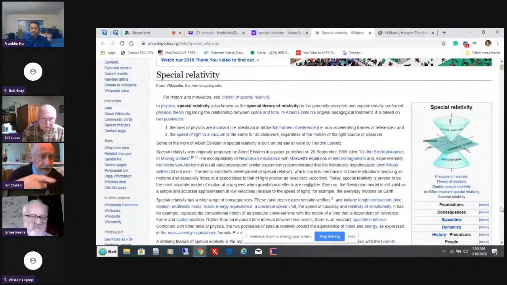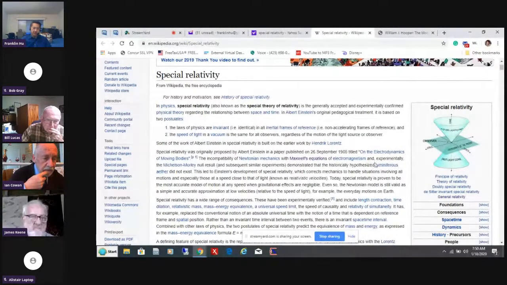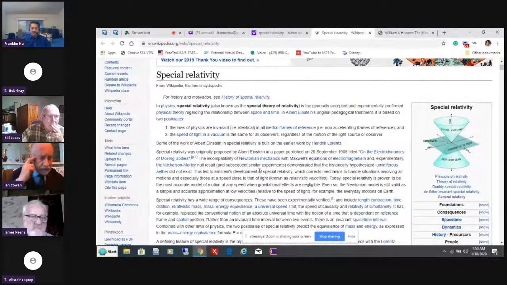But later on in the paper, because of the complete reciprocity of the whole system. And he certainly didn't say the speed of light in vacuum is the same for all observers. If you start talking about the observers, then that's definitely not true. That's misquoted.